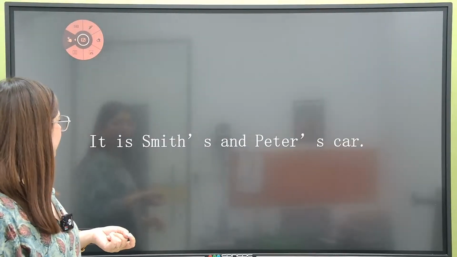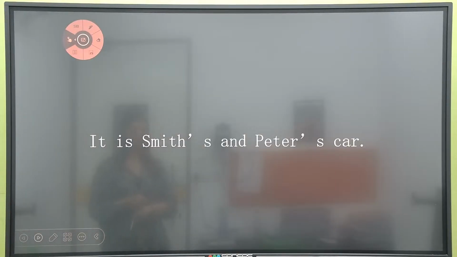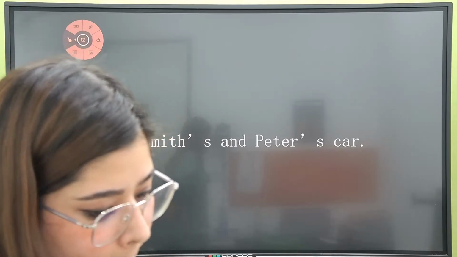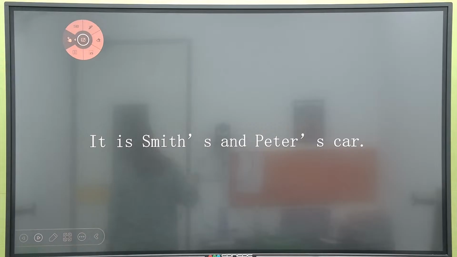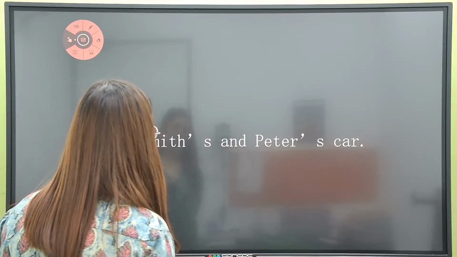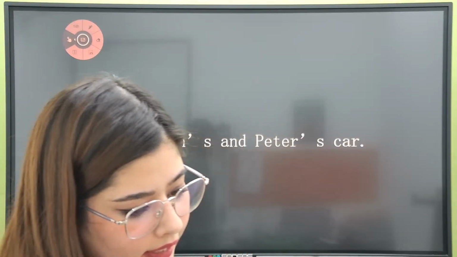Next, it is Smith's and Peter's car. Yes, it is their car.